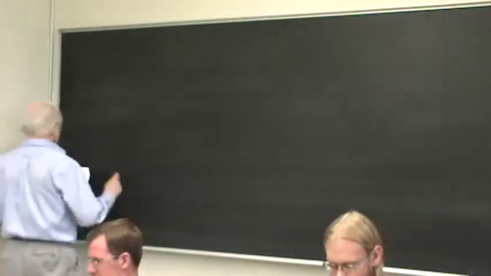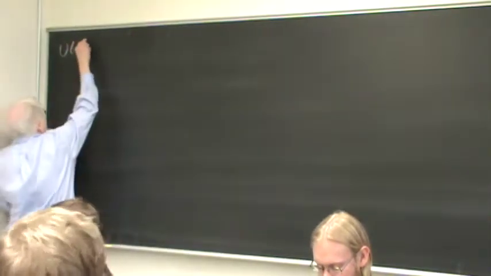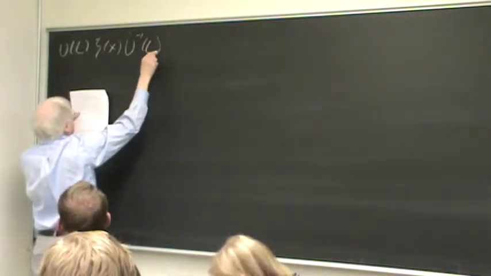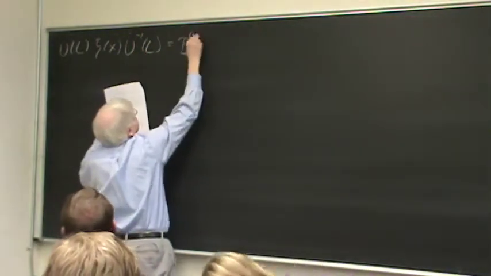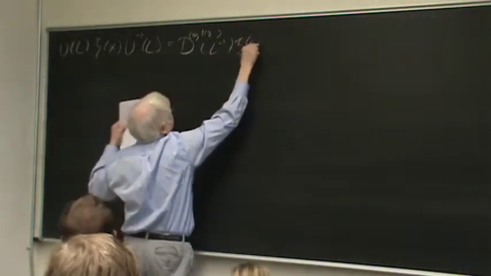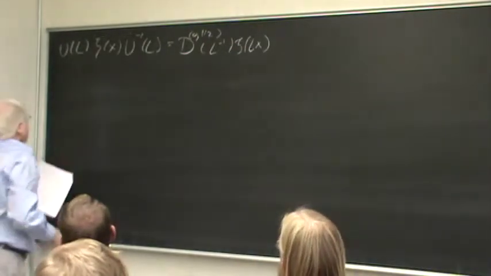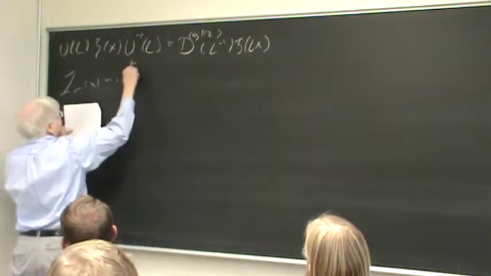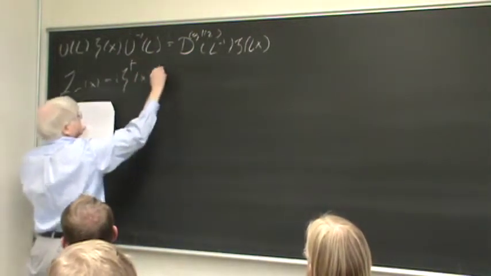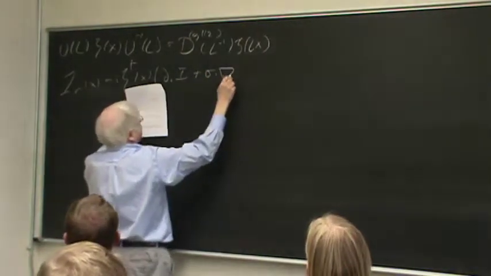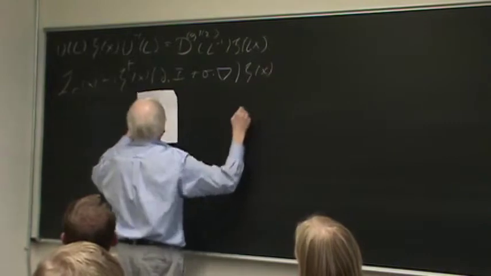So let me write down what the invariant action is, and I don't need to prove that it's invariant. So we have u of L, zeta of x, u inverse of L, which is d 0, 1 half of L inverse zeta of lambda x. And the right-handed action density is i zeta dagger of x, d0 I plus sigma dot grad zeta of x.